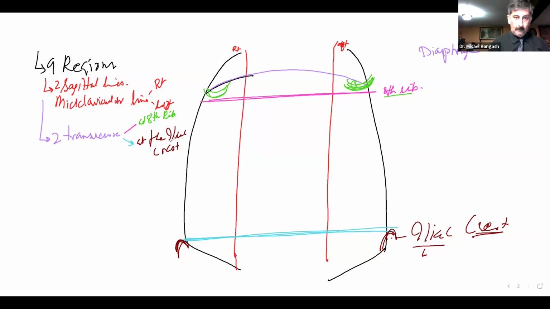Clear? Okay. So what we now have is, if you want to do a count, one region, another region, another region. So 1, 2, 3, 4, 5, 6, 7, 8, 9.